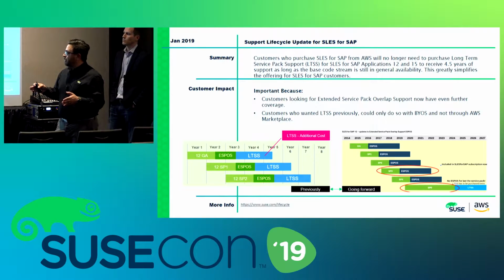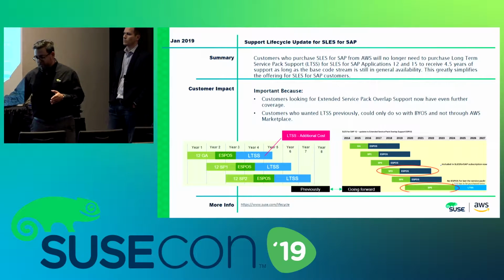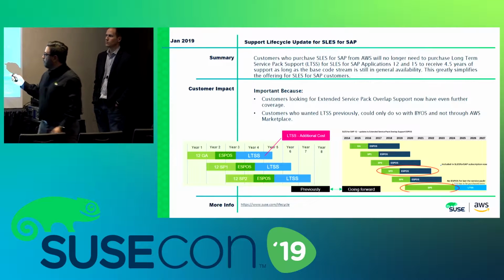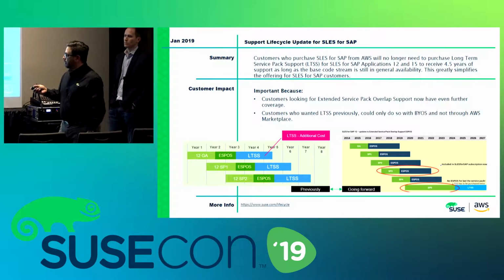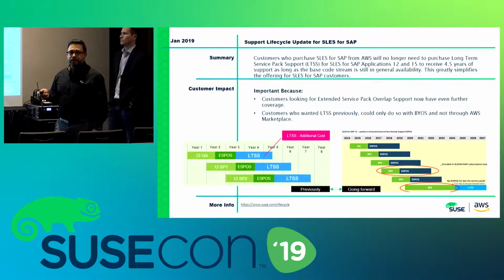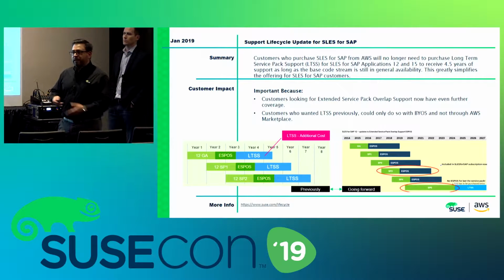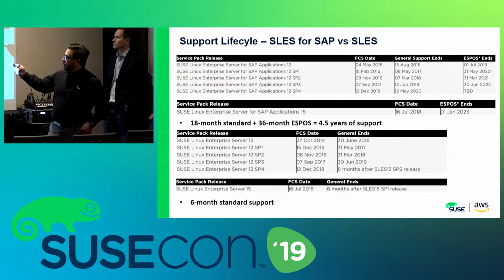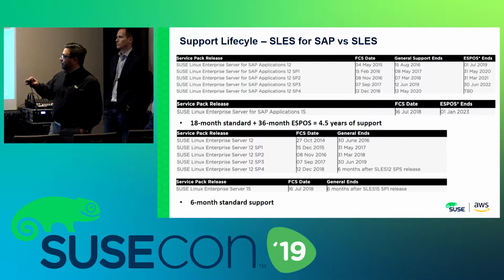What that meant was, after the release of a new service pack, you had 18 months. What SUSE did was increase that to 4.5 years. We didn't want to drive updates or downtime for our customers, so we extended that service pack life cycle. We now have an 18-month standard and a 36-month SPOS, with a total of 4.5 years of support.